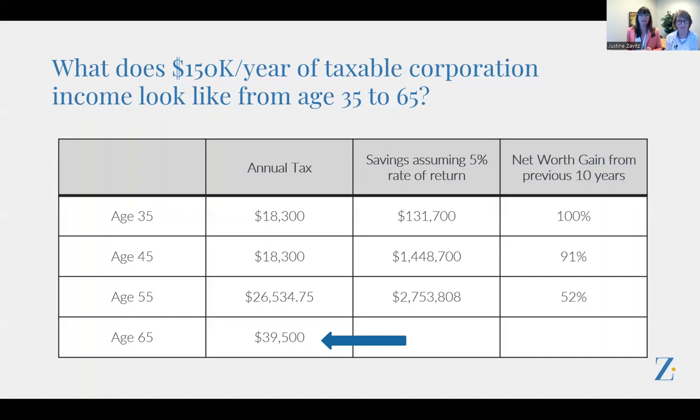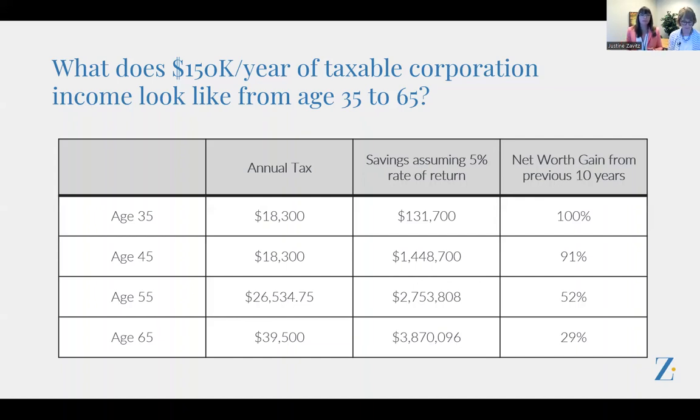Still able to save quite a lot, still able to save about 111-ish thousand. And that is bringing their net worth up to now 3.8 million, which is a 29% growth. So we're starting to see that the growth rate is slowing down.